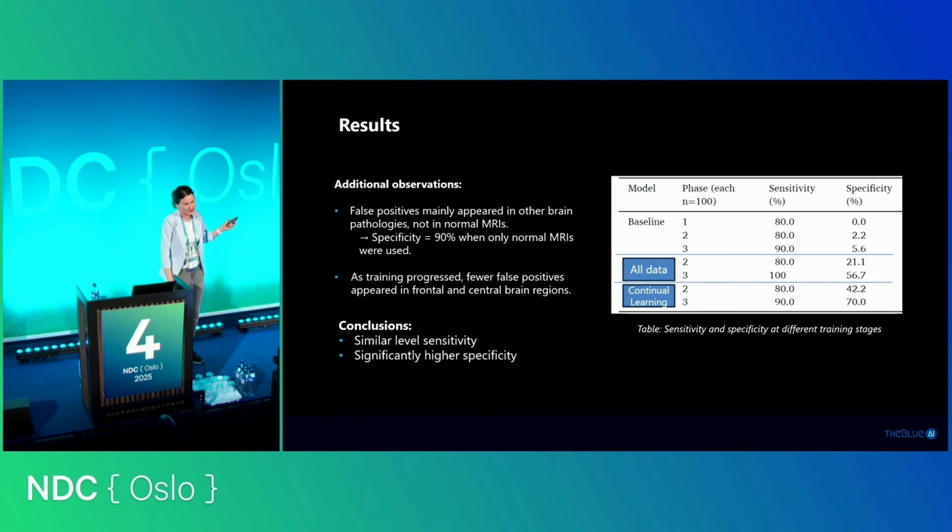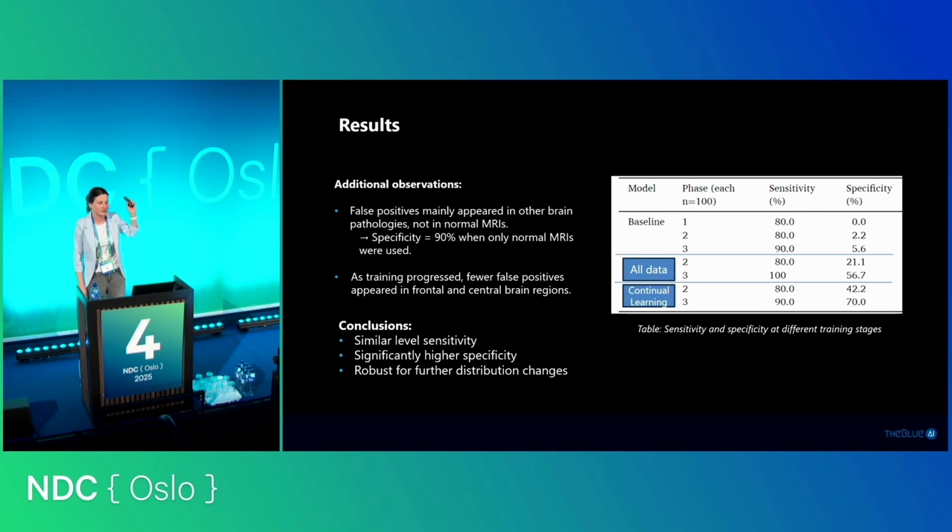So summing up, we have a very similar level of sensitivity, which we just said. We have significantly higher specificity compared to the baseline model, and something that is not so obvious from the data that we just saw, which is that we believe the continually learned model will be much more robust for further data distributions.